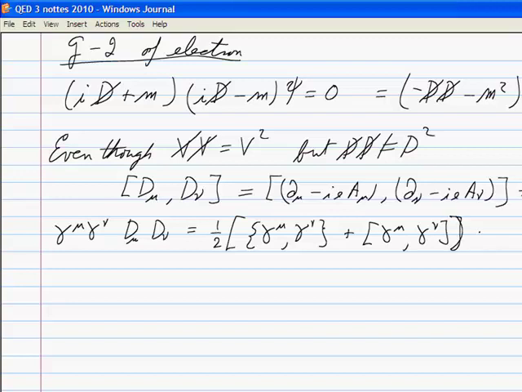The first term is the one ordering plus the reversed ordering. This one is the first ordering minus the other. So this is an identity. The first one, of course, is 2g mu nu. That's the piece you normally pick up. This one is antisymmetric, that's minus sigma mu nu.